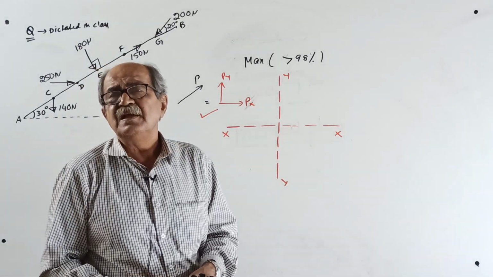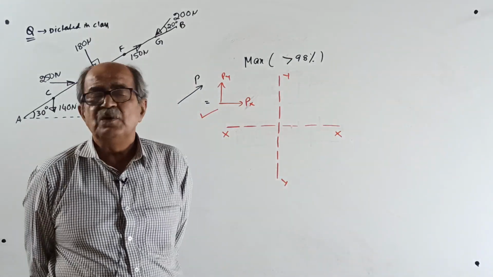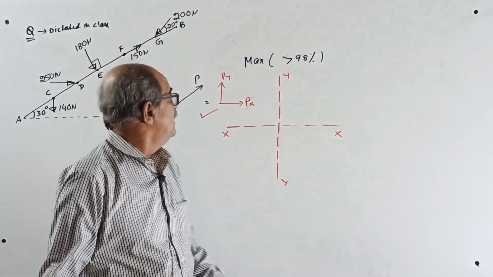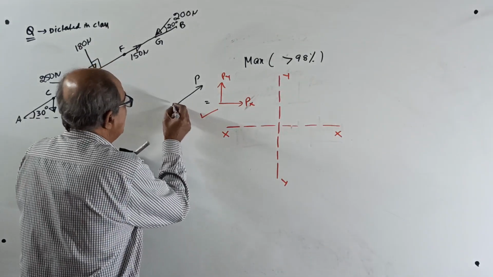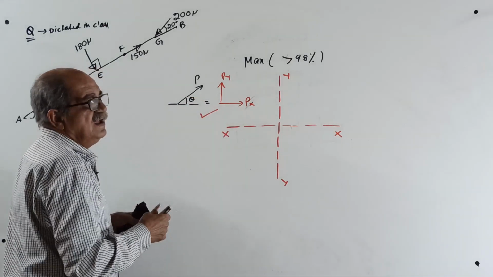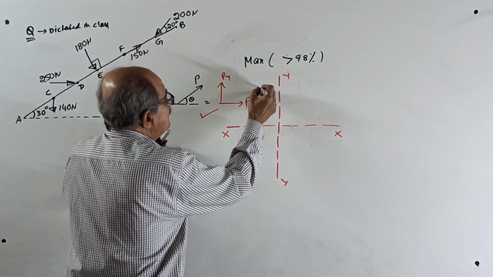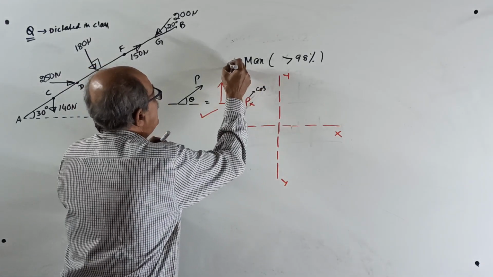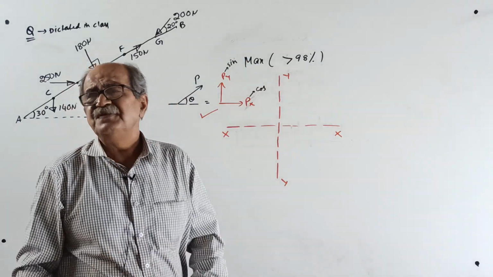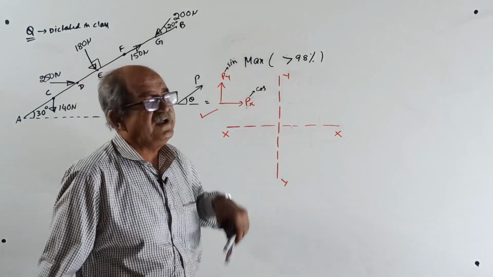For easy calculation and to avoid confusion, preferably mark the angle theta with the nearest XX. Then you need not bother. X component is cos, Y component is sine, or horizontal cos, vertical sine. This I already told.